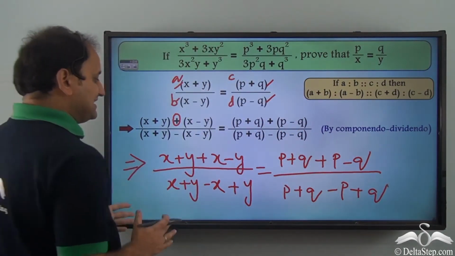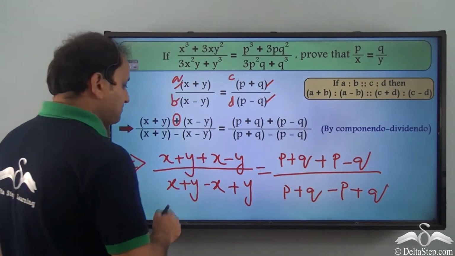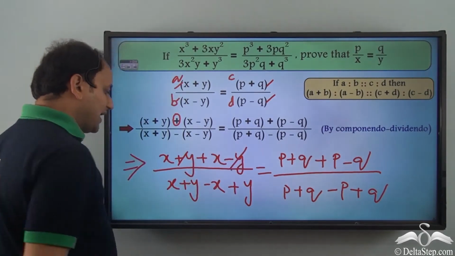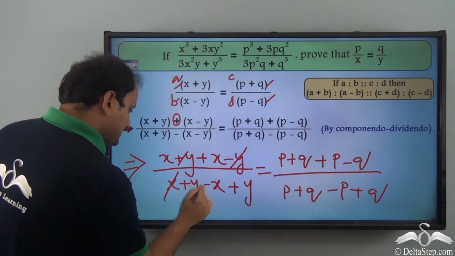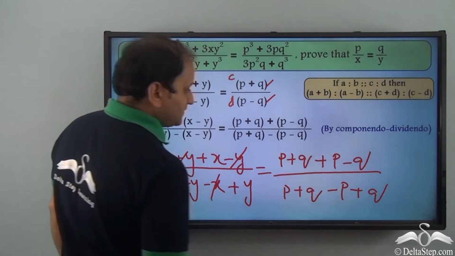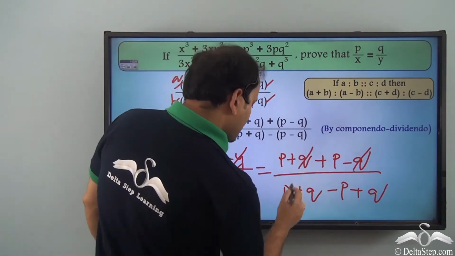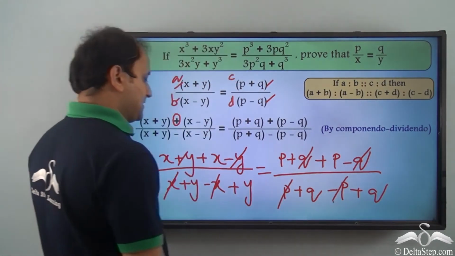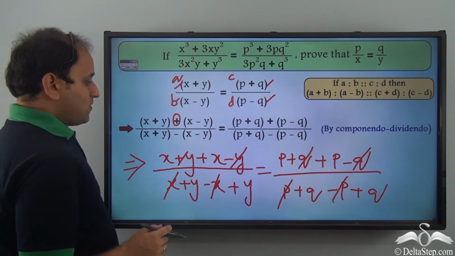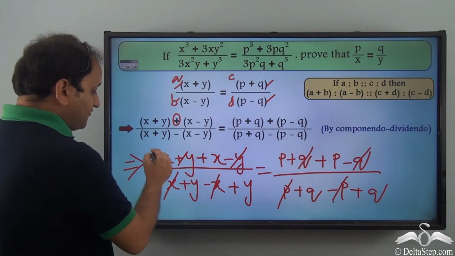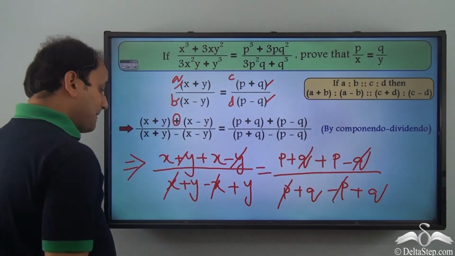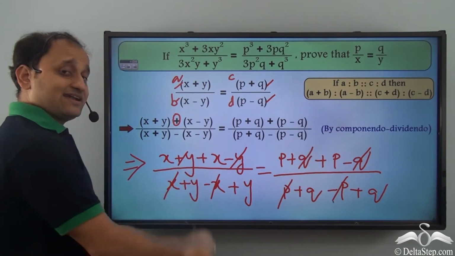Now we can easily cancel out some terms. For example, plus y minus y and plus x minus x here, then plus q minus q and plus p minus p. So what do we have on the LHS? We have x plus x, that is 2x, by y plus y, that is 2y.